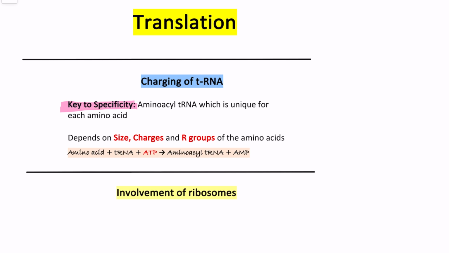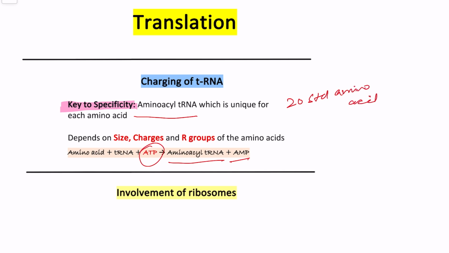As we know, tRNA binds with the amino acid, and in the presence of an ATP molecule, one ATP is involved in this reaction, it becomes aminoacyl tRNA and it releases AMP. The most important thing is this aminoacyl tRNA is unique for each amino acid, because there are 20 standard amino acids used, right?